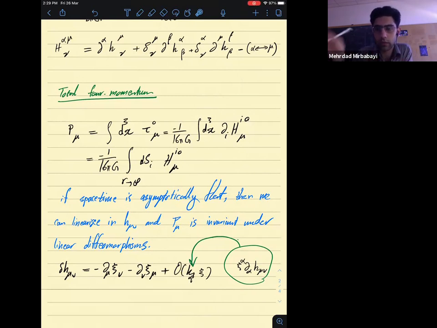Say, for instance, they have to decay as 1 over r. But then this object will decay even faster. So then I don't need to worry about it.